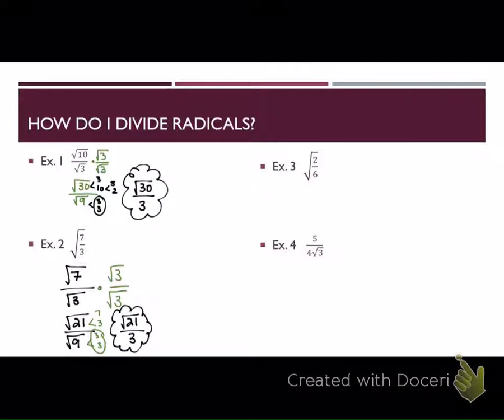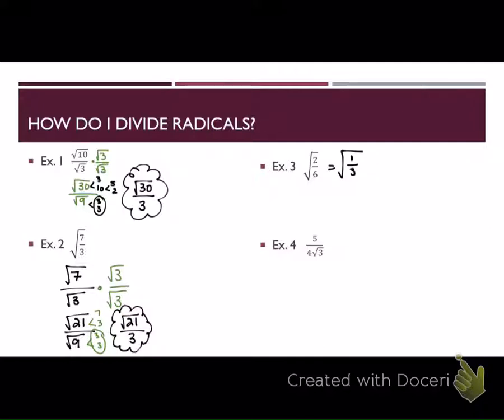Emma, what do you know about 2 and 6? What could you do with 2 6? You can simplify that. What does 2 6 become? So this is the same thing as the square root of 1/3. How could we rewrite that?